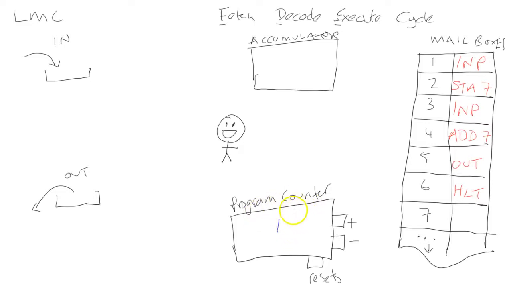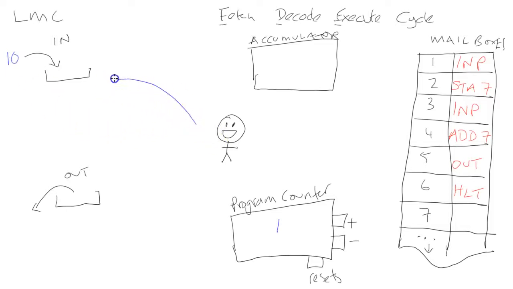The program counter is pointing to position 1, so he walks over to the mailboxes to position 1, and he sees that the first instruction is an input. So what he does is he walks over to the in tray, and he fetches whatever is in the in tray. So let's put in the number 10.